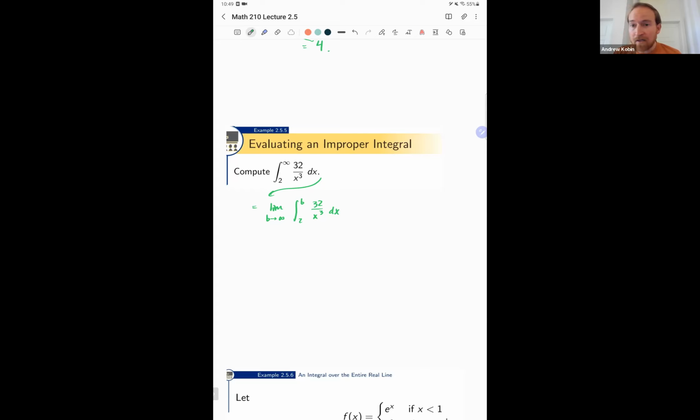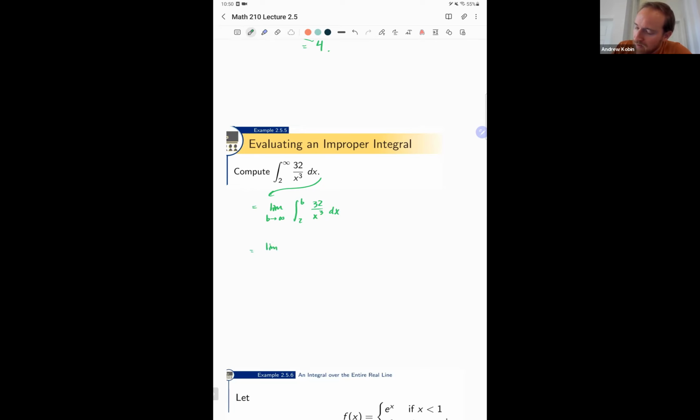However, if we cut things off at some number b above 2, we could add up finitely many rectangles and get a number for that area. We could take the definite integral. And if we slide that b value to the right, then we'll use this as an approximation to the true value. And in the limit, we'll reach the true value of this definite integral. So let's work this out together.